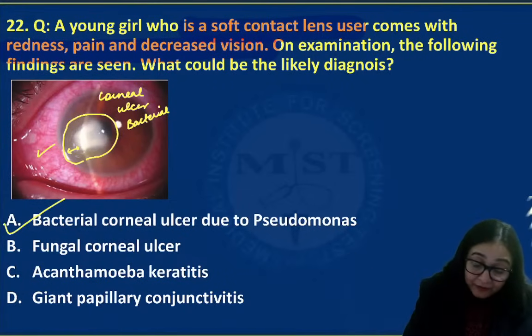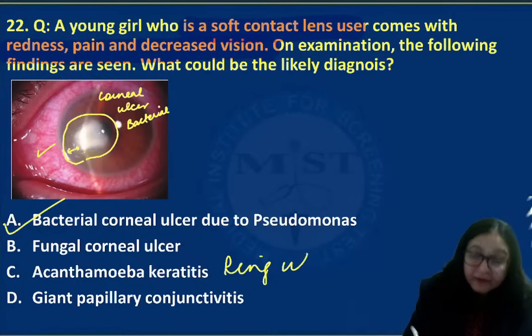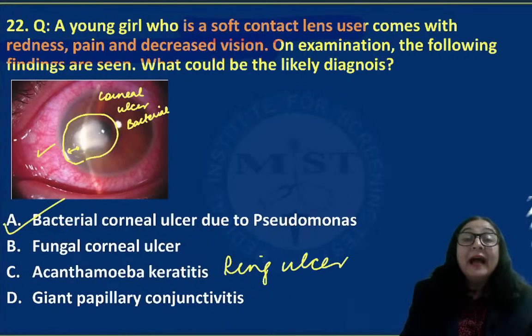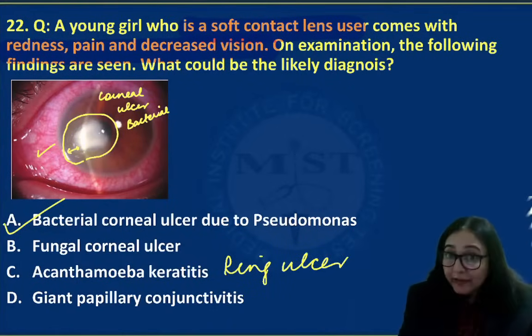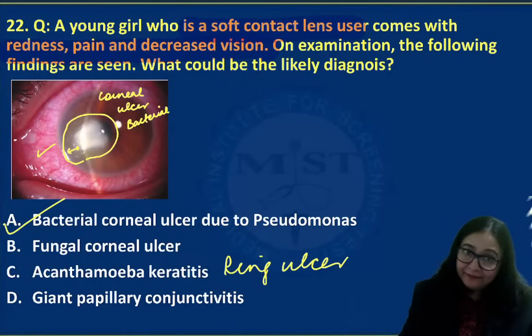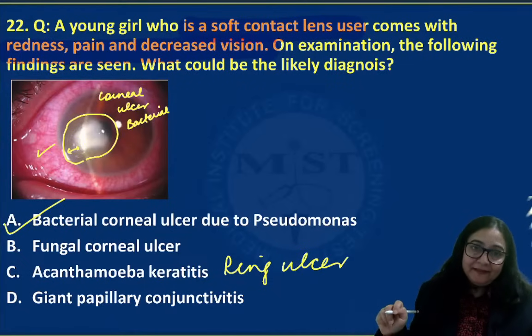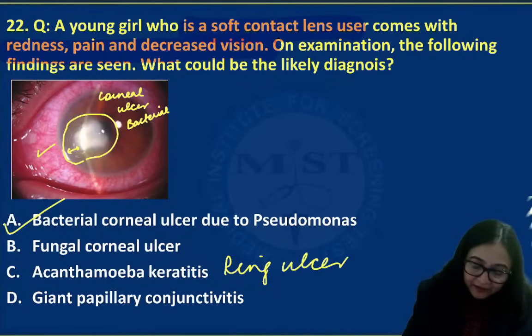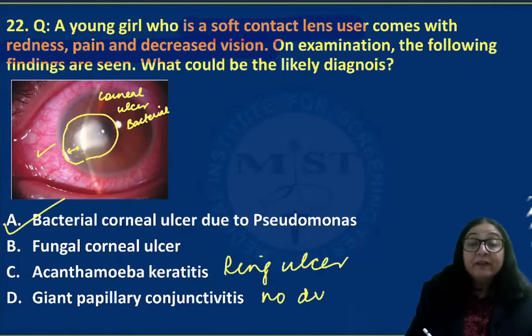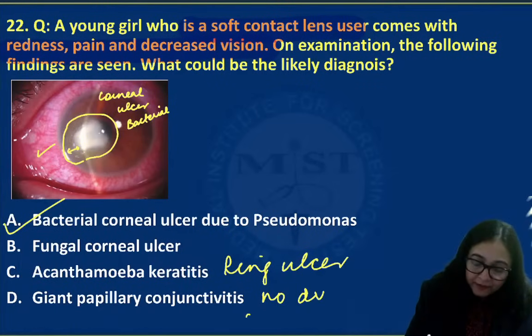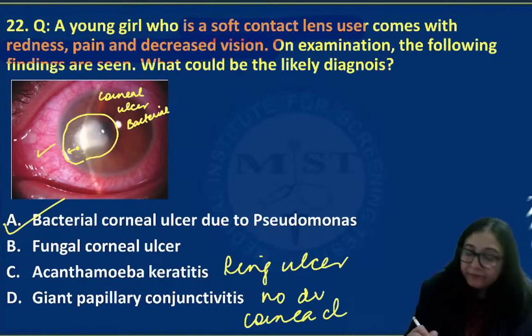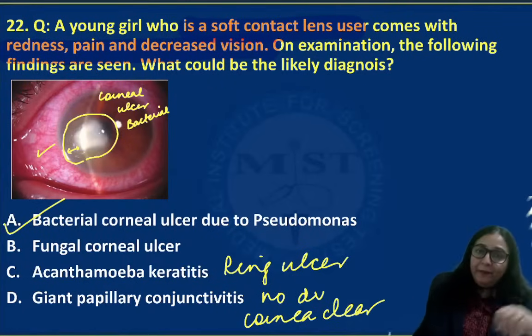Acanthamoeba, it would have been a ring-shaped ulcer, and that will be very, very painful due to keratoneuritis. Okay. Why is it not giant papillary conjunctivitis? Because in giant papillary conjunctivitis, there will be no decrease in vision and the cornea will be clear. There will be no lesion in the cornea.